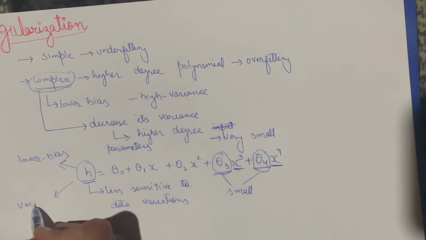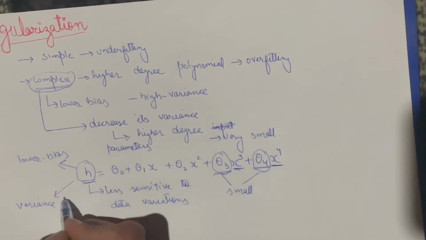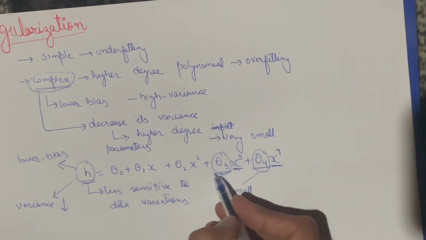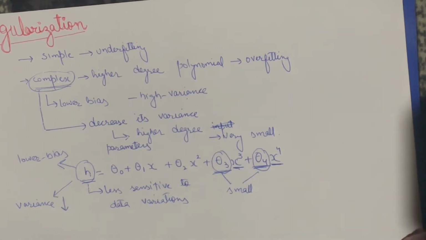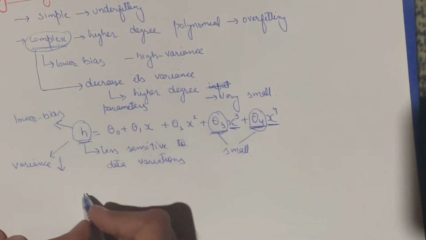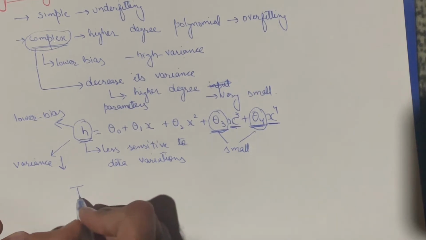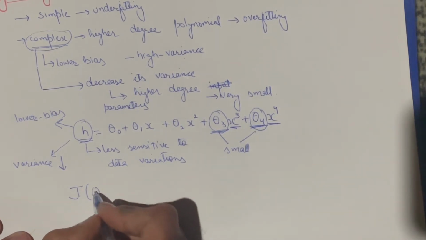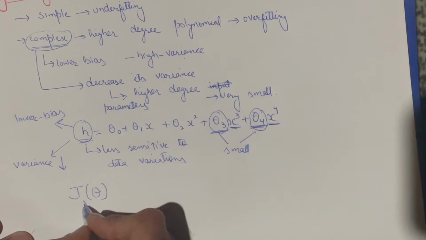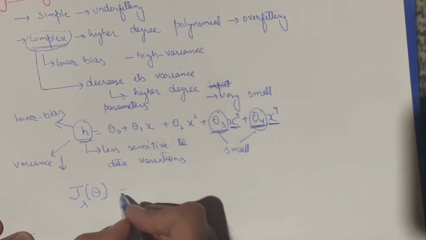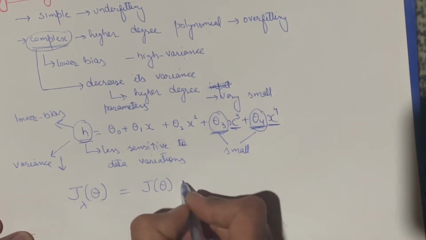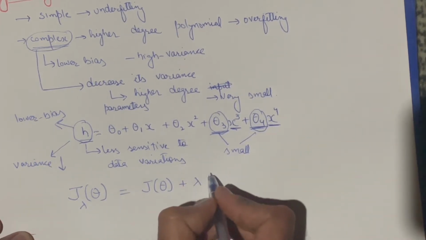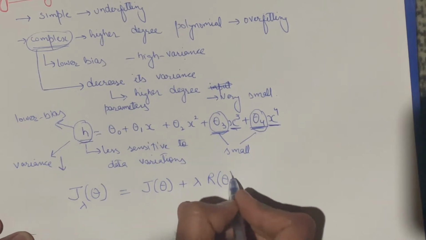And how have we decreased the variance? We have decreased it by penalizing these higher order parameters. And how are we penalizing them? We are penalizing them by having a new loss function. It is written like this. Our actual loss function was J theta, and to this J theta we will add another term, R theta.